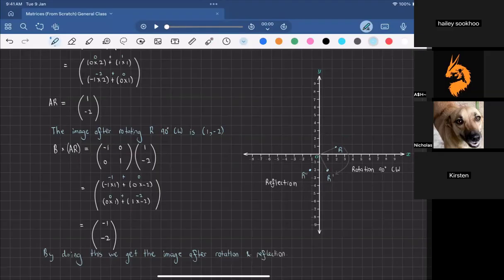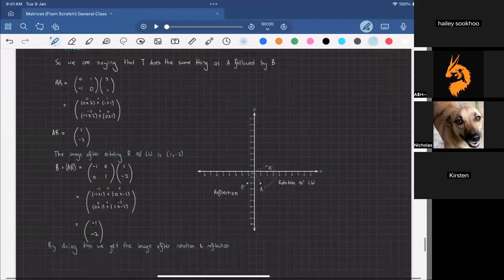What does the combined transformation do in one shot? So remind me, what am I doing to my object? Describe to me what I'm doing to my object. You're rotating 90 degrees and then reflecting. Right, so the combined transformation is doing that instantly.